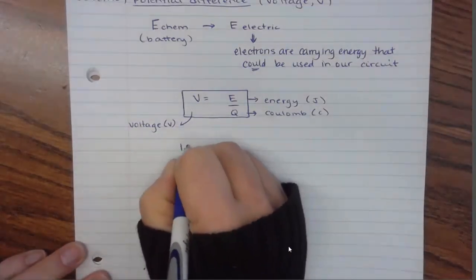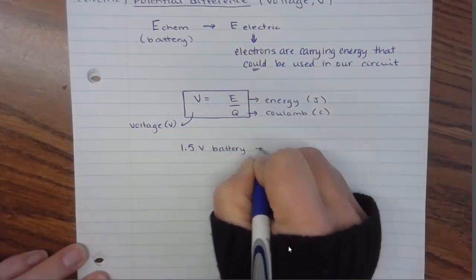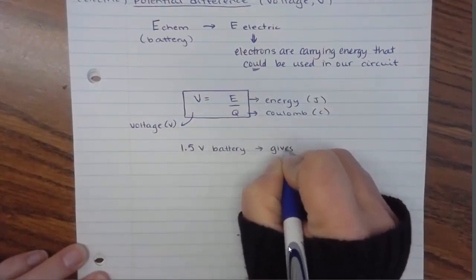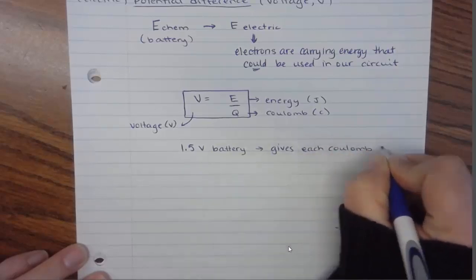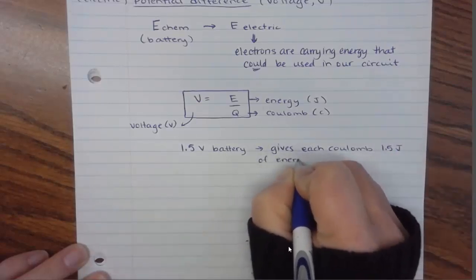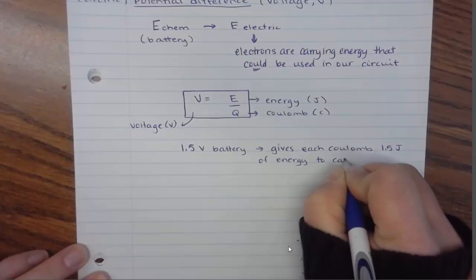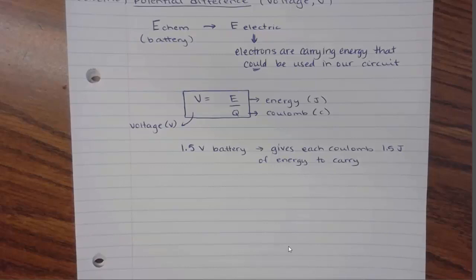So if we have a 1.5 volt battery, it gives each coulomb 1.5 joules of energy to carry. Now, remember that a coulomb is a big group of electrons, so each electron is not carrying that much, but each coulomb altogether is doing it.